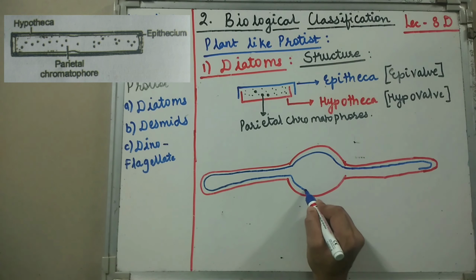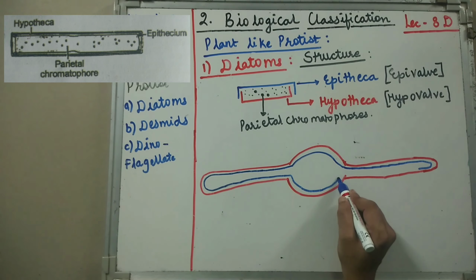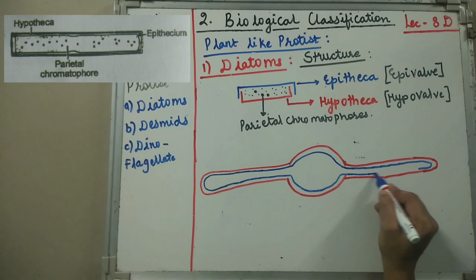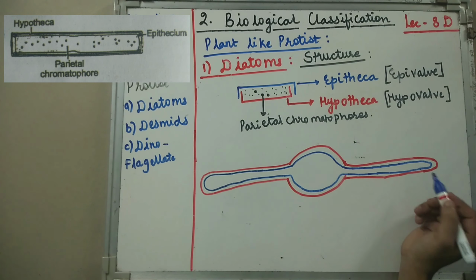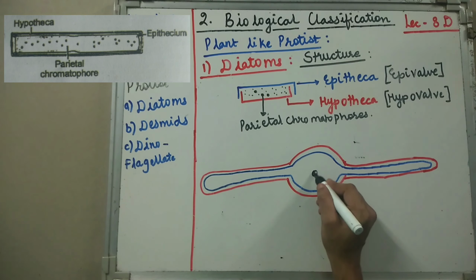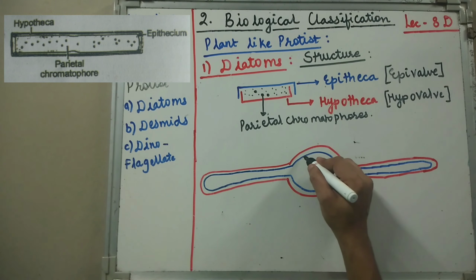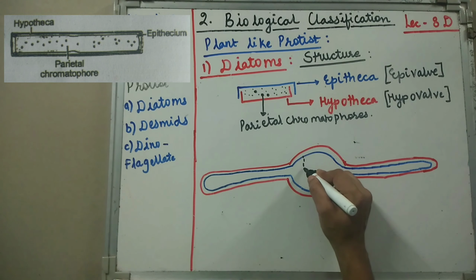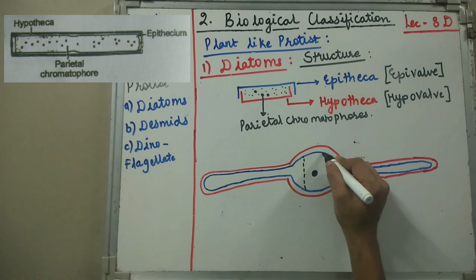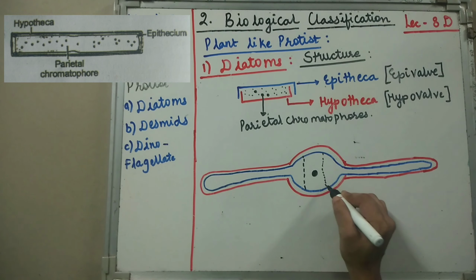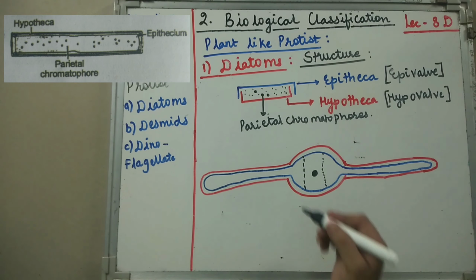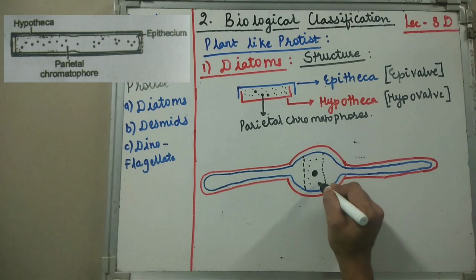So as you can see, it appears that it is made up of two particular layers, and finally it is going to join together. So you have a presence of a nucleus inside it, with some fluid like structure present here.